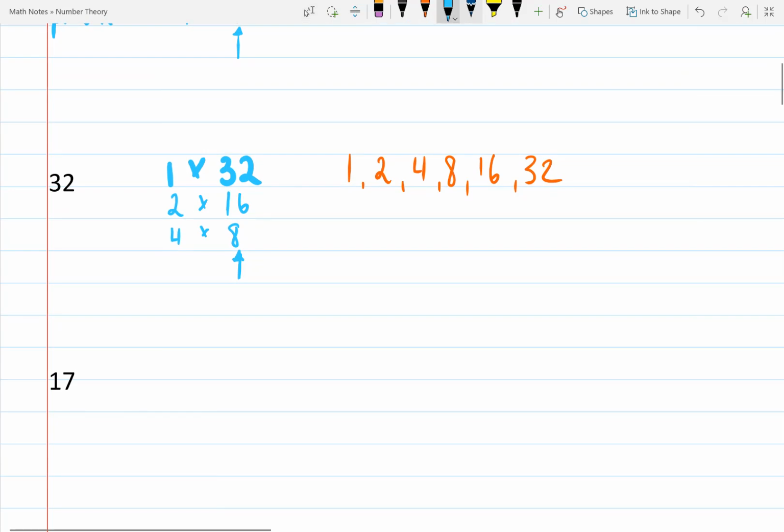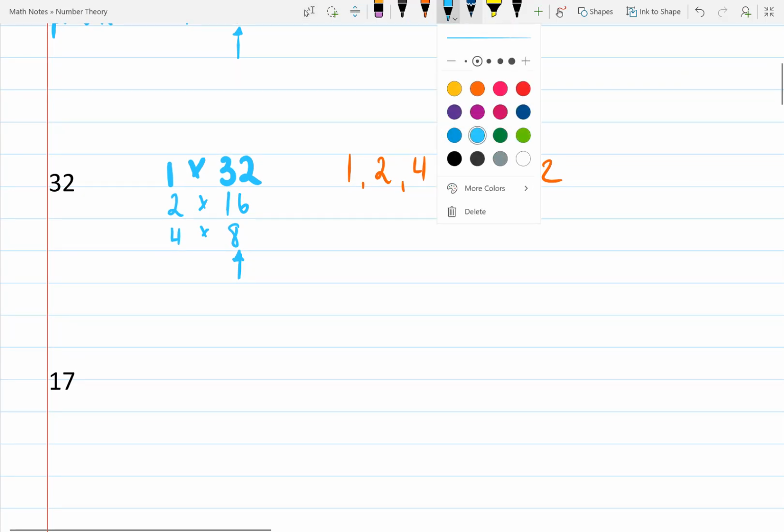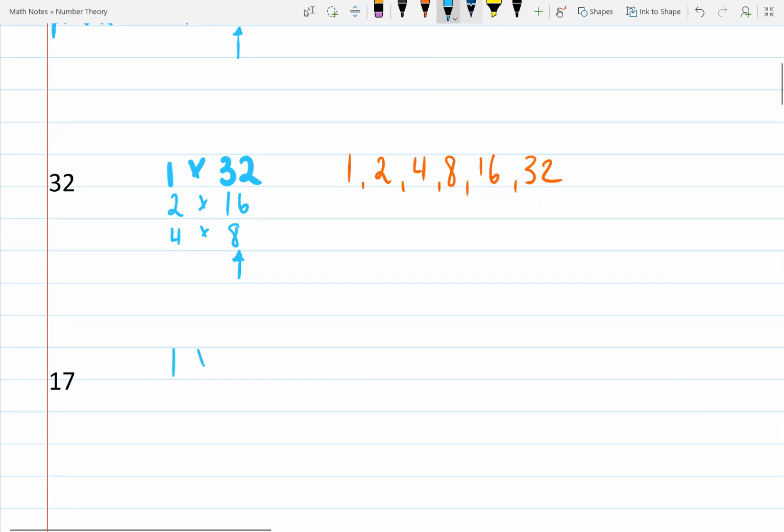Well, 1 times 17 is equal to 17. Is 17 divisible by 2? No. 3, 4, 5, 6, 7, 8, 9, 10, 11, 12, 13, 14, 15, 16, 17. Well, no. None of these numbers are divisible into 17 except for 1 and 17.